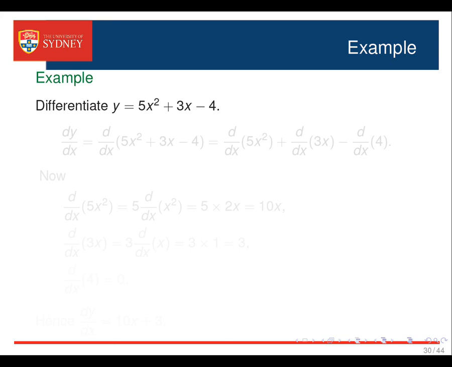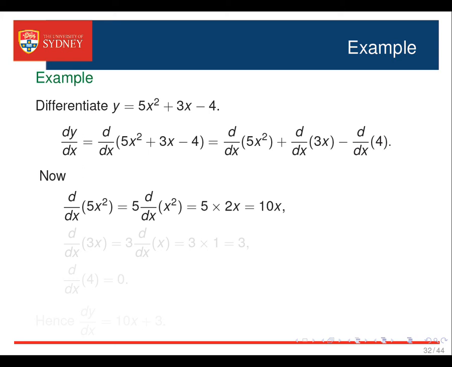For example, let's differentiate y equals 5x squared plus 3x minus 4. Here we can differentiate one term at a time. Now for 5x squared, we can take out 5, which is a constant, and we know the differentiation of x squared is 2x. So the differentiation of 5x squared is 2x times 5.